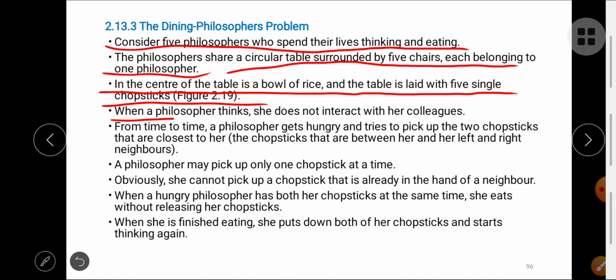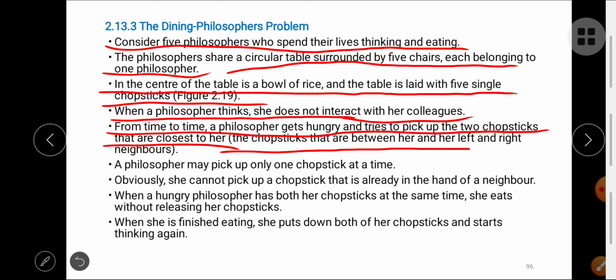In this figure, when the philosopher thinks, she does not interact with her colleagues, right? Whenever we start thinking, we are not aware of our neighbors, so we do not interact with our colleagues. Similarly here, a philosopher thinks whenever she does not interact with her colleagues. From time to time, the philosopher gets hungry and tries to pick up the 2 chopsticks that are closest to her, the chopsticks between her and her left and right neighbors.